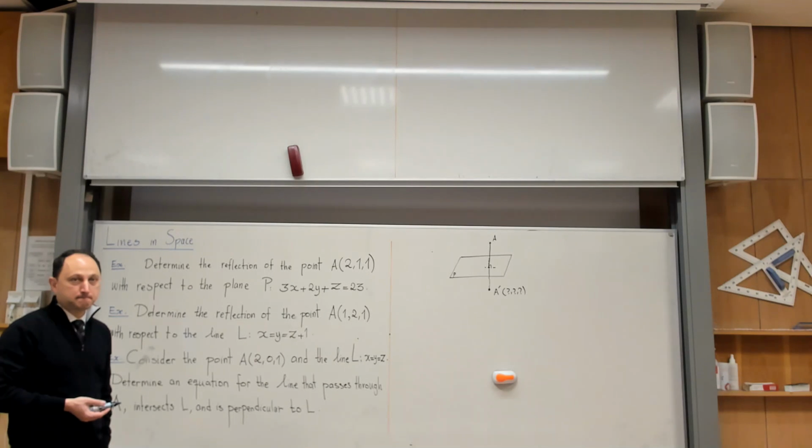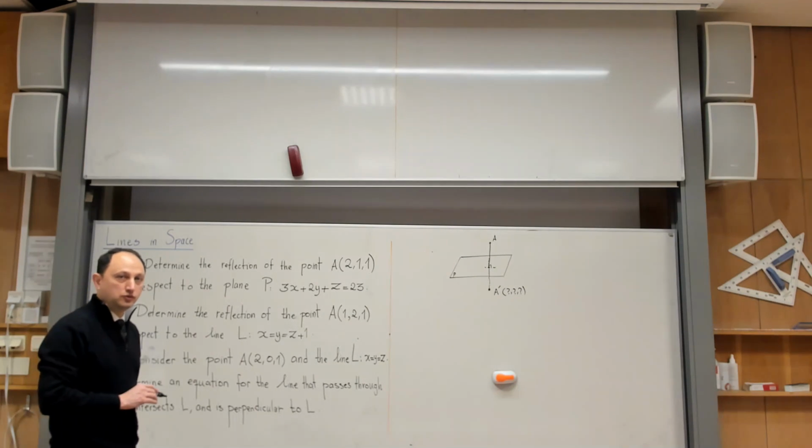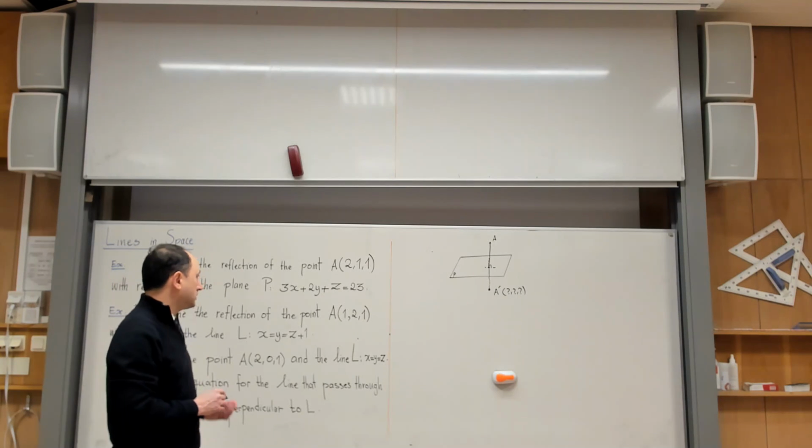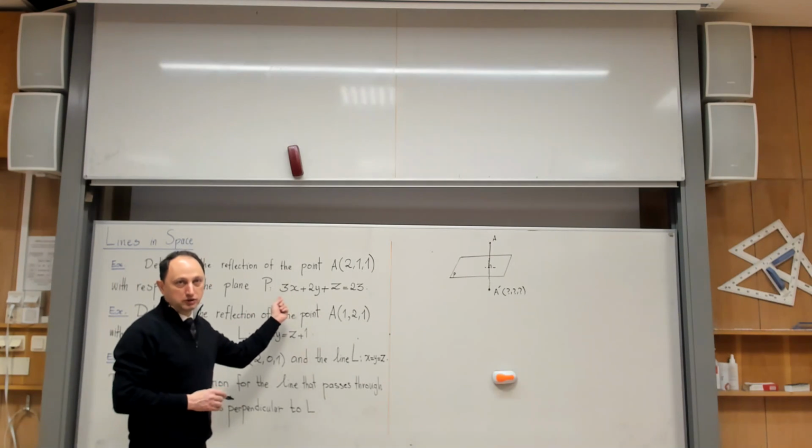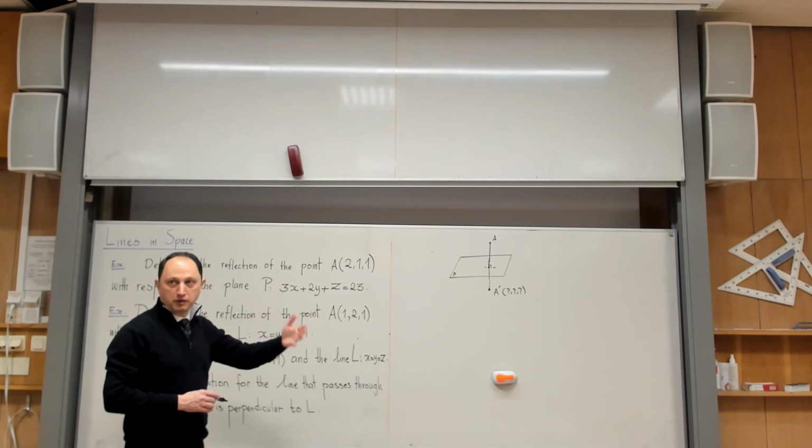Yes? I was thinking that I could extend the normal vector all the way to A, or shorten it, depending. We don't have that control over the normal vector, because what you can read is one normal vector, and of course you can multiply it by any number.